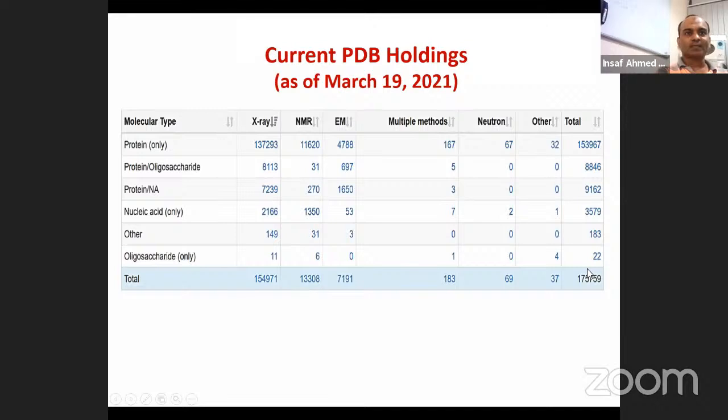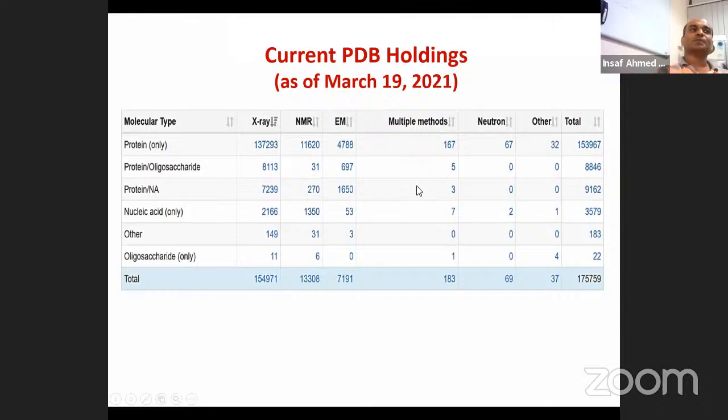And out of 1,75,000, 1,54,000 structures were determined by X-ray, only 13,000 by NMR and only 7,000 by EM.